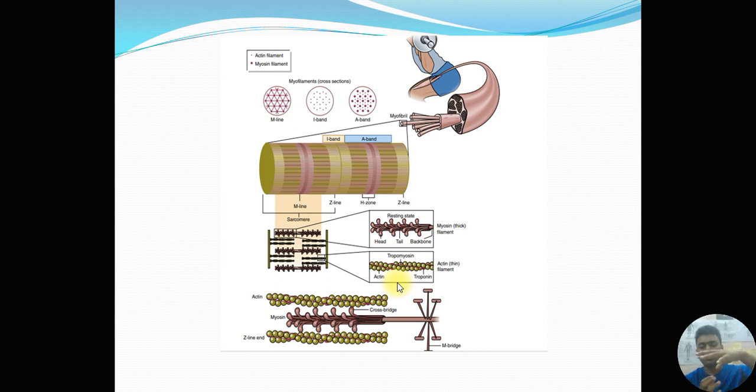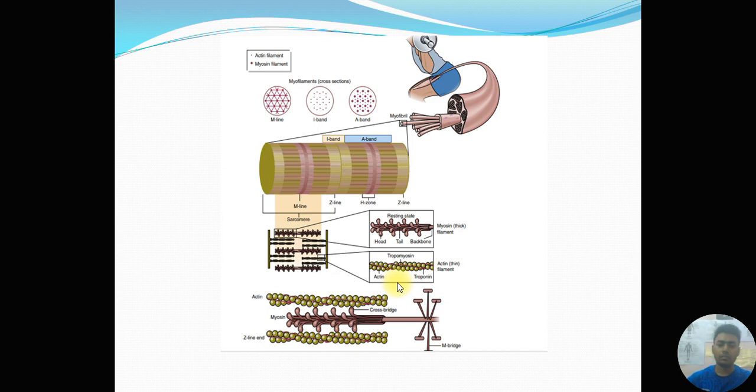Let's say this is the actin filament and this is the myosin filament, and these are called myosin heads. Once these binding sites get exposed, there is a chance they get attached.